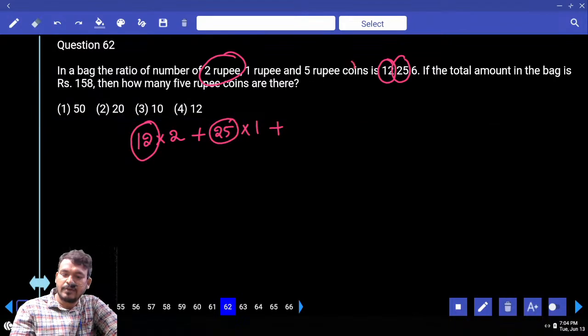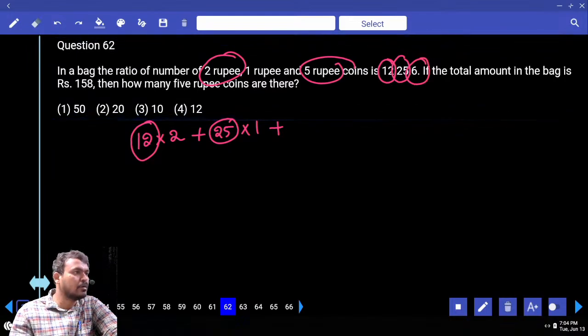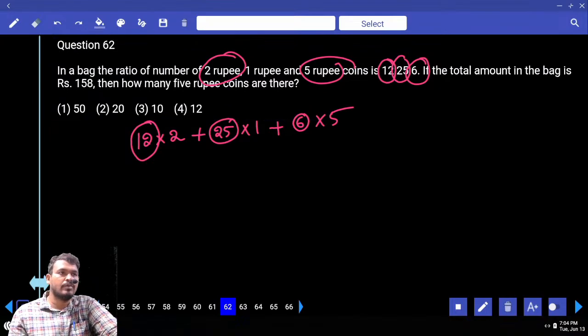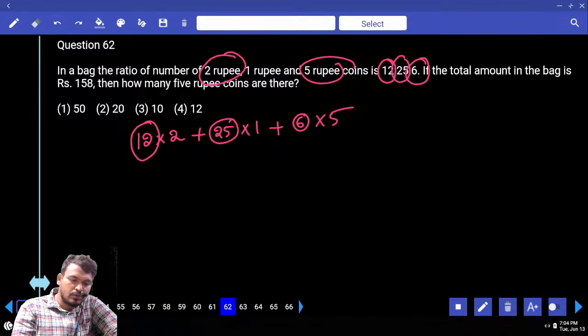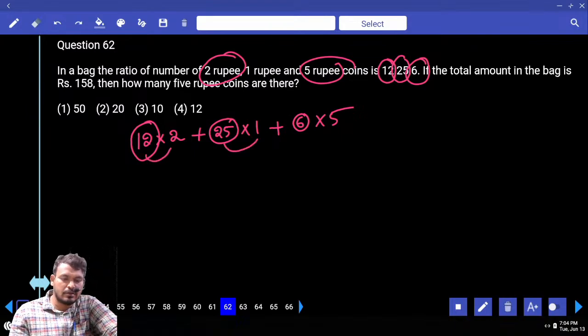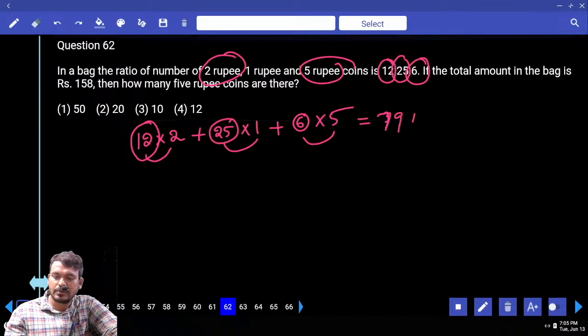Plus how many 5 rupee coins? 6 coins, 6 into 5 is 30. Adding all these, we get the total amount: 25 plus 24 is 49, plus 30, total 79 rupees.